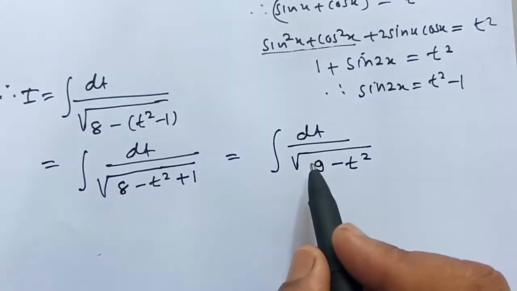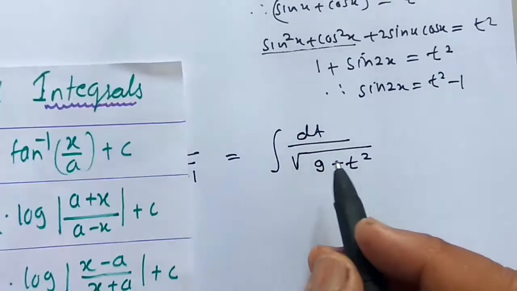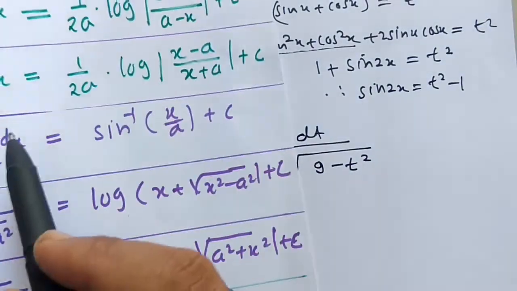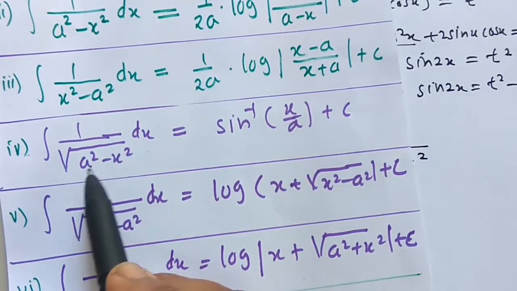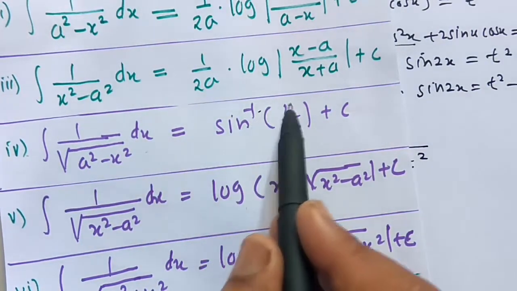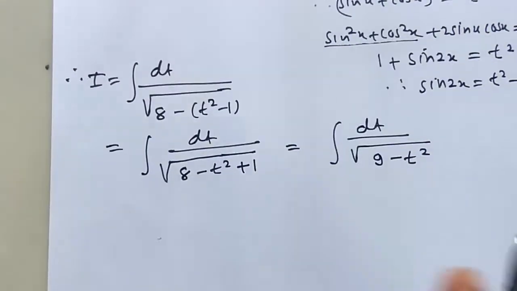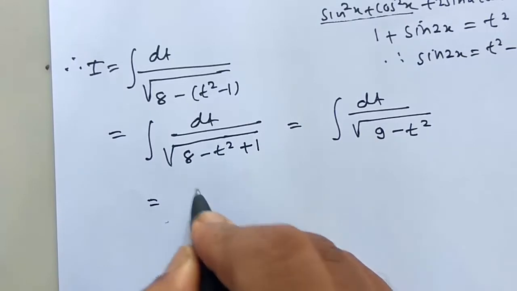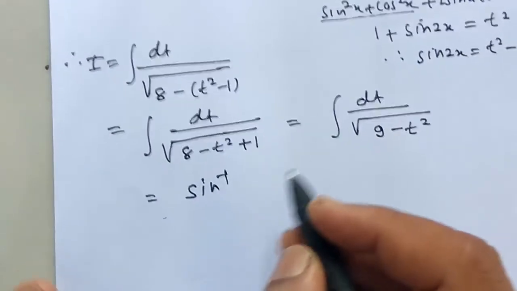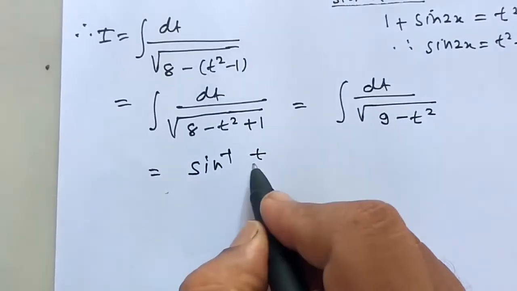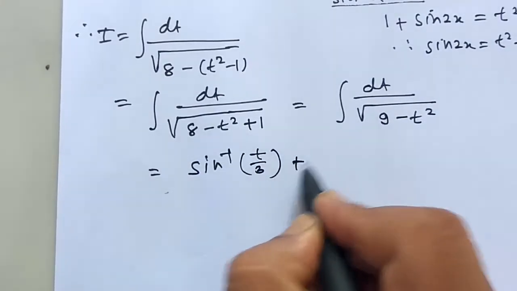Now this is of the type integration of dx upon under root of a square minus x square, and its value is sin inverse of x upon a plus c. So this is equal to sin inverse of t upon 3, since 9 is 3 square, plus c.